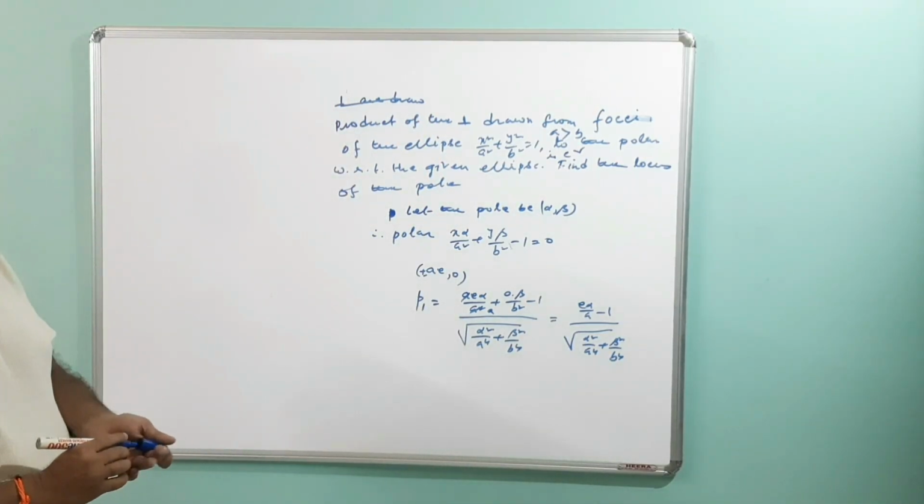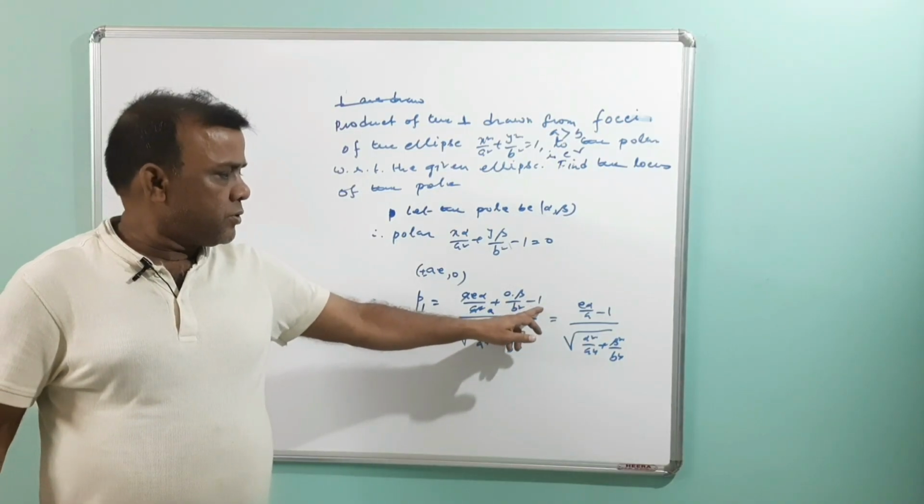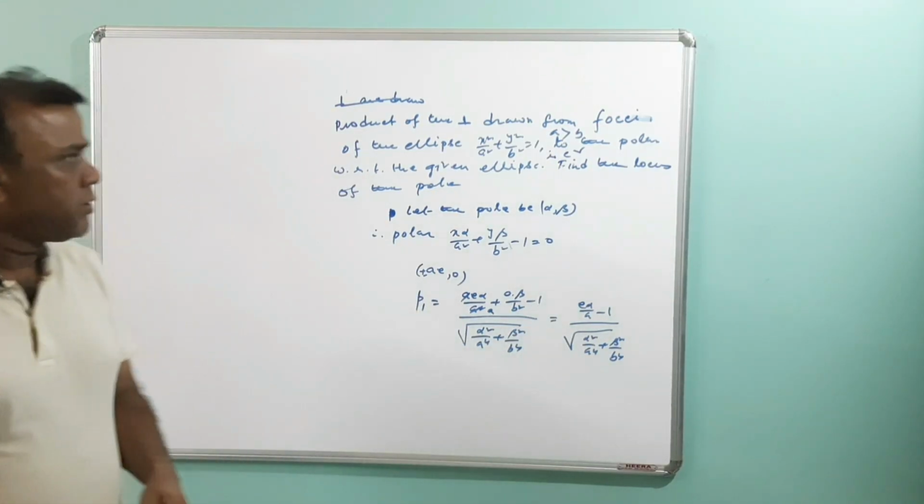Okay, e alpha by a plus minus 1 divided by this one.